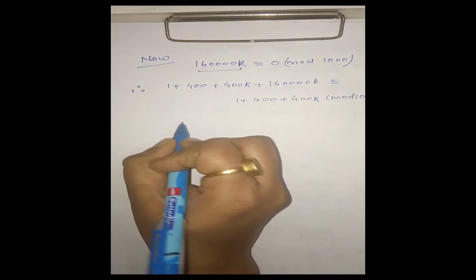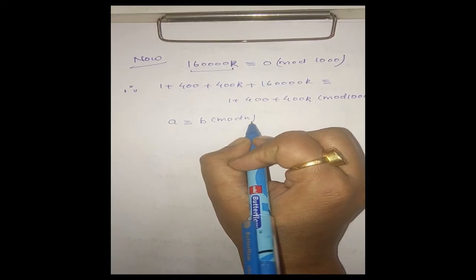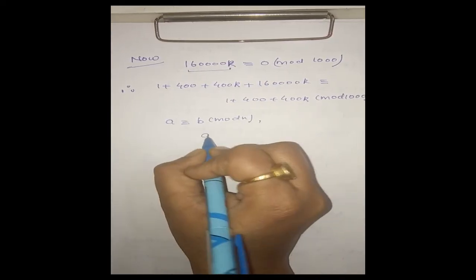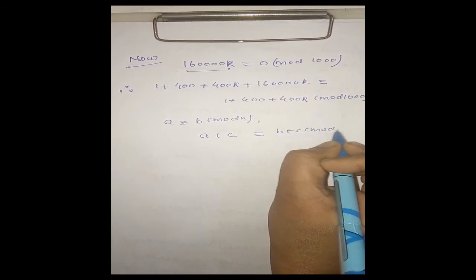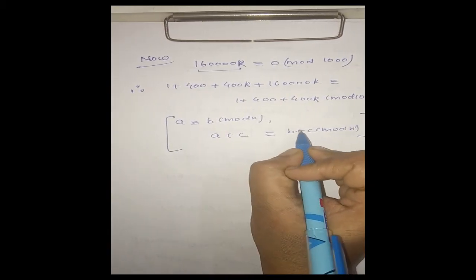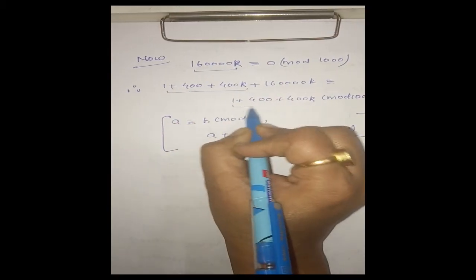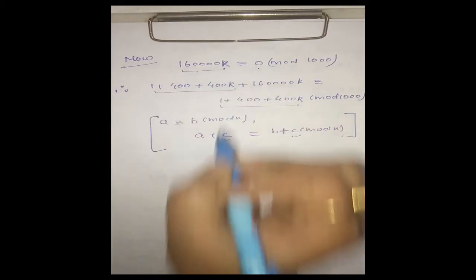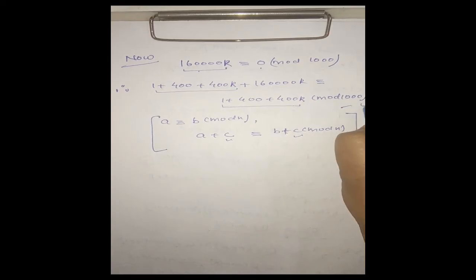Using the property that if a is congruent to b modulo n, we can add c on both sides to get b plus c modulo n. Here we are adding this number on both sides, to 0 and to this number. Clear? Now mark this as 4.